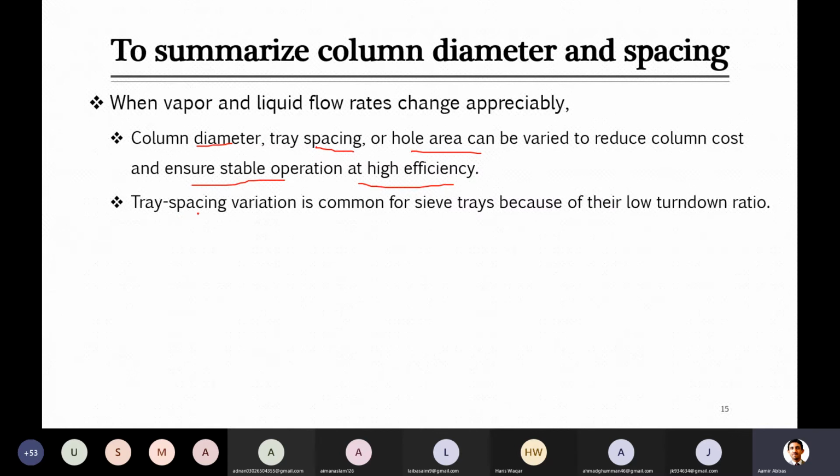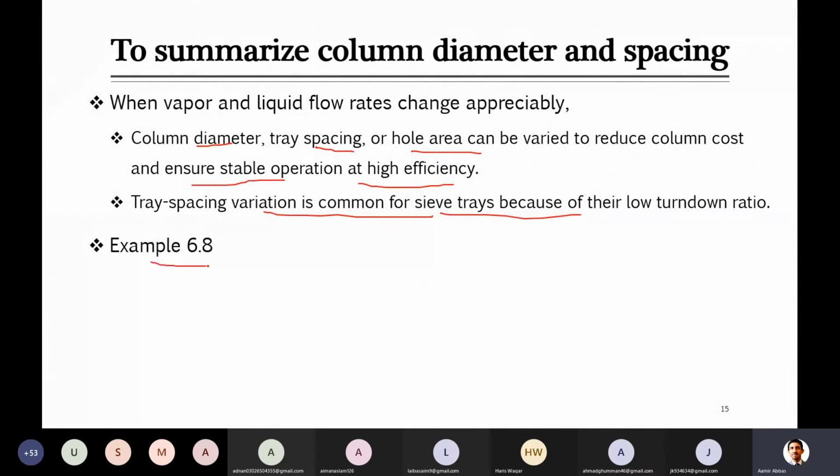Tray spacing variation is usually common for sieve trays because of their low turn down ratio. To avoid weeping you increase the vapor flow rate and quickly reach the upper limit, so the tray spacing should be high enough that entrained droplets can go down towards the tray due to gravity.